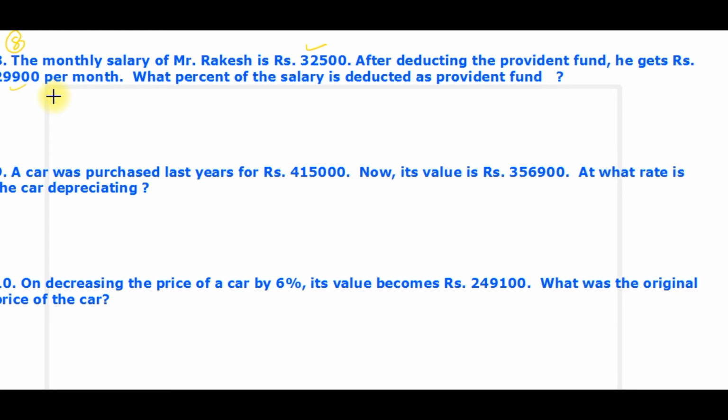Therefore deduction in provident fund would be 32500 minus 29900.